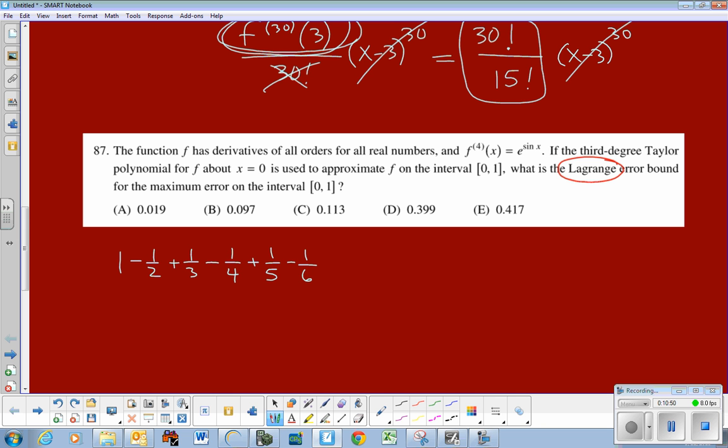So whatever this series converges to, and I know it converges because it alternates, those 5 terms are within 1/6 of the true sum. Lagrange, as far as you need to know, is basically that same idea.